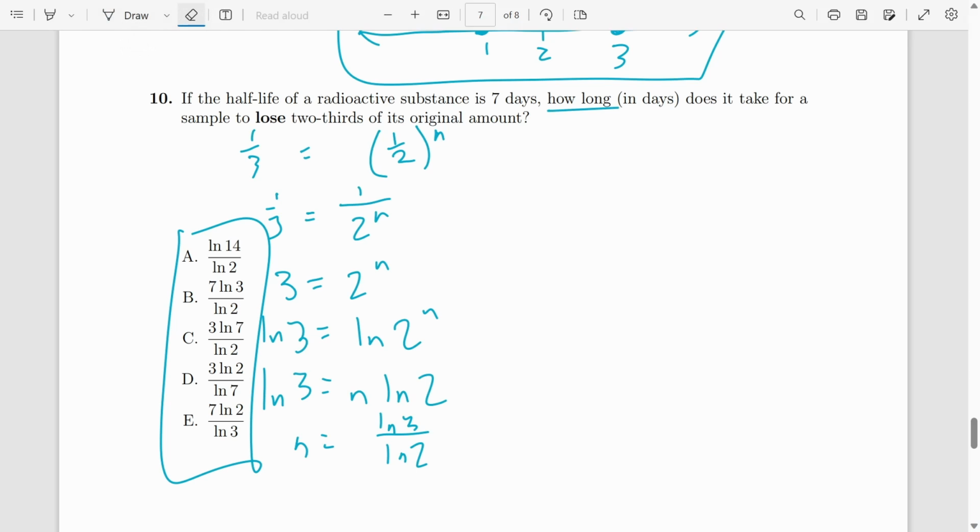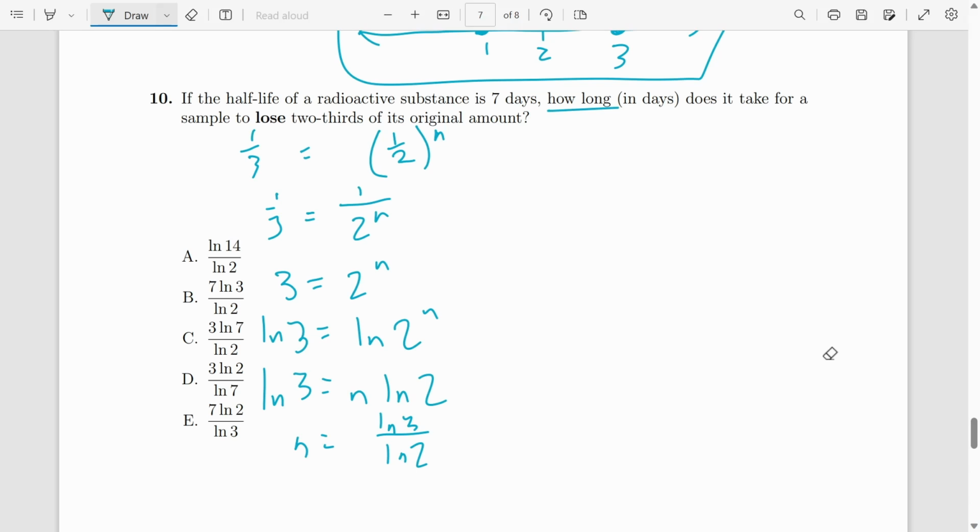There's a lot of ln 3s and ln 2s in here, right? Like ln 2, ln 3. So we know we're kind of on the right track. So now that we have our n, remember that represents the number of half-lives that elapse over the given period.